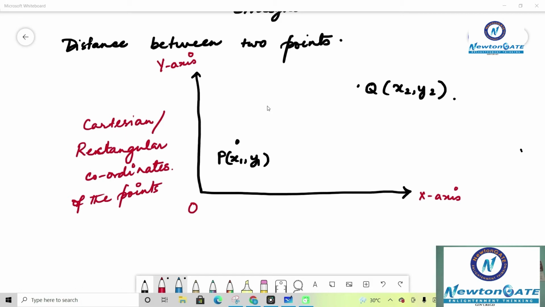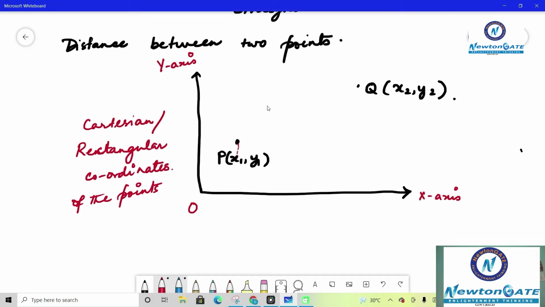So now, while drawing the points on this coordinate axis, we can take the length of both the point P and the point Q, the distance from the x axis.